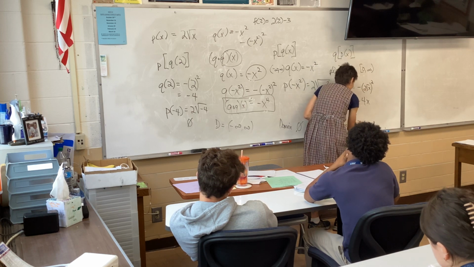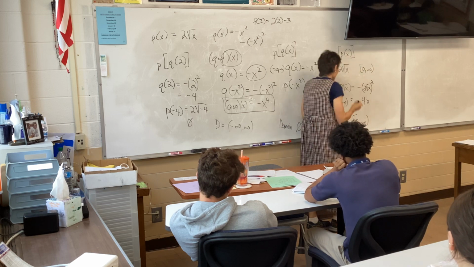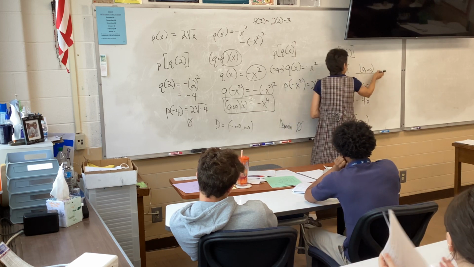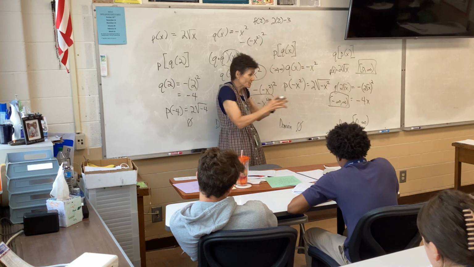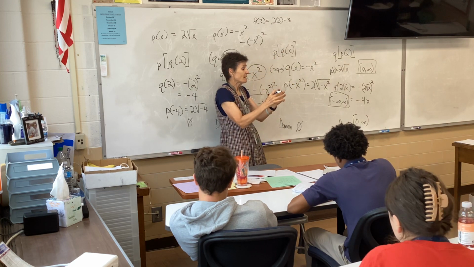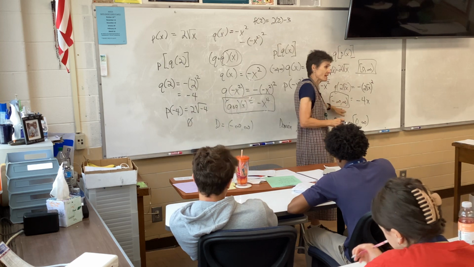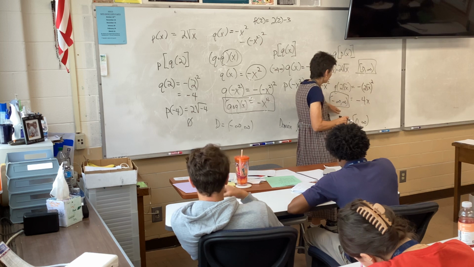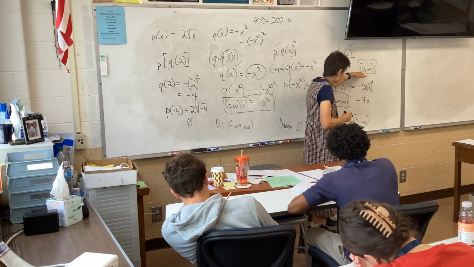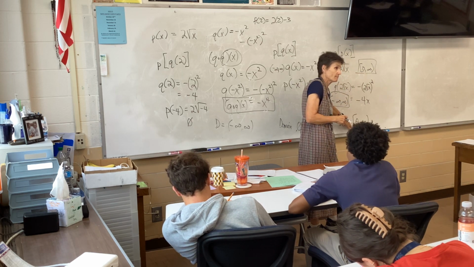So the domain has to be both of these. It has to be the domain for the original function, and then it has to be the domain of the composition. So put these two together. The overlap would be this right here, the intersection.